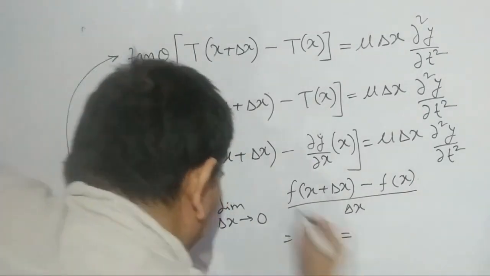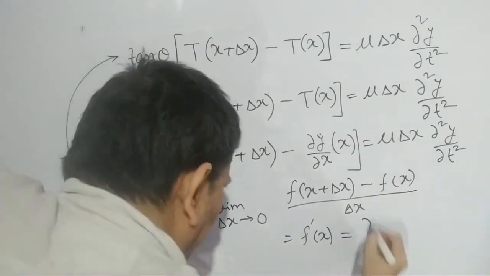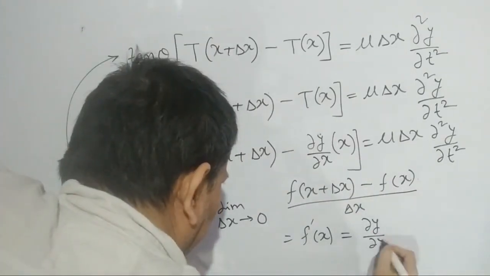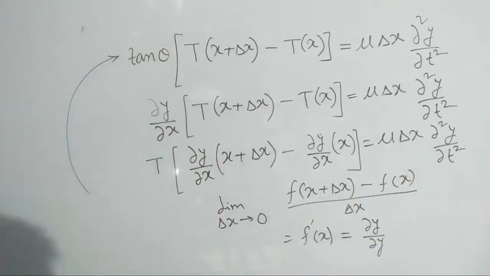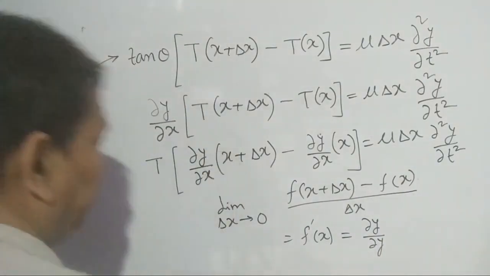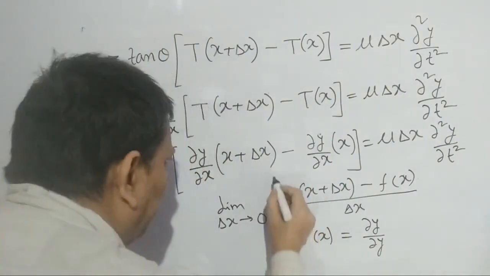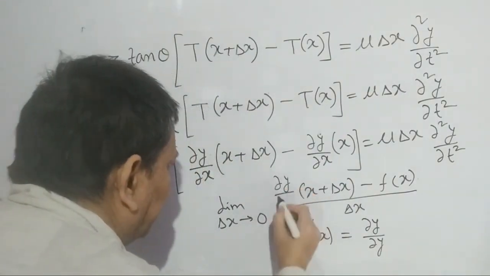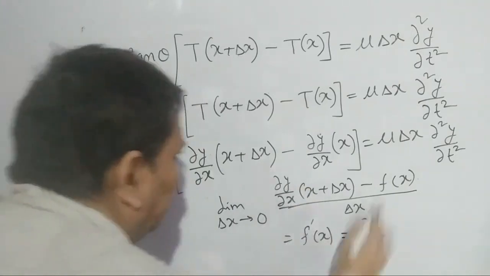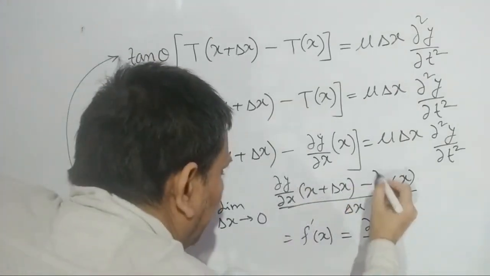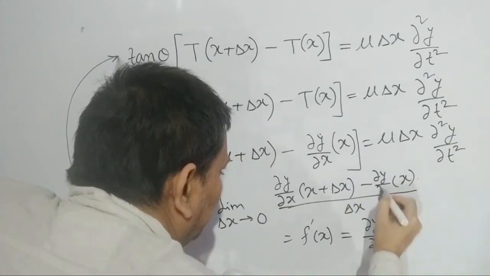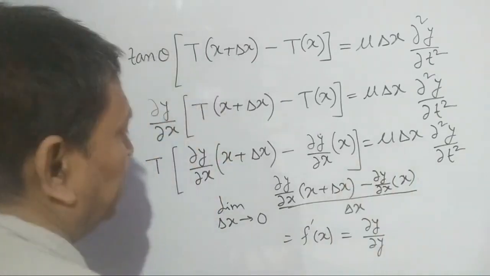Or if f is a function of y, this will be del y by del x basically, isn't it? So this will be the case. Now here, in place of f we now have del y by del x.